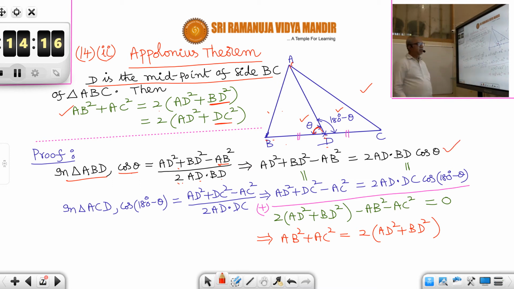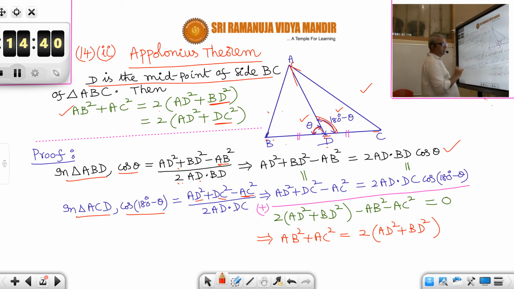Now take the other triangle ACD. See in the diagram ACD triangle, you take it and calculate cos 180 minus theta, cos of this angle. It is equal to AD square plus DC square, okay, minus AC square, because the opposite side of 180 minus theta is AC.